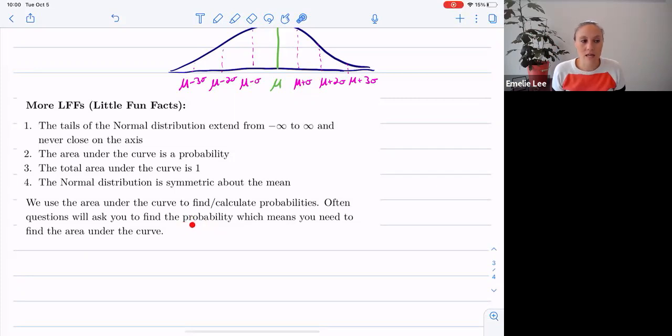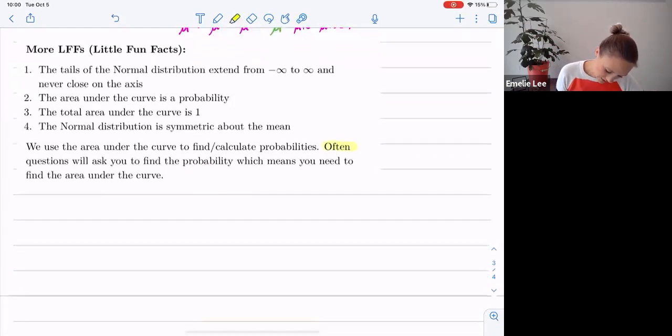In this case, it means to find the area under the curve. So I'll highlight that because that's a key difference, and it's not obvious in the beginning, right? We talked about probabilities, we just figured out how to do probabilities, but now we're saying that the area under the curve is a probability, and it is.